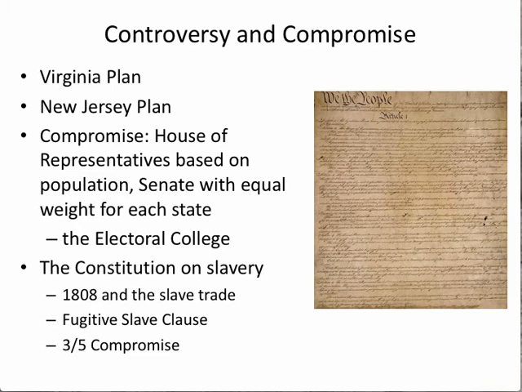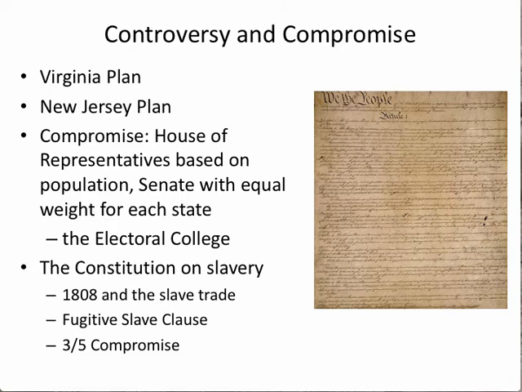The second provision is the Fugitive Slave Clause, which said that anybody bound to service or labor in one state who escaped and went to another state had to be returned to the original state. In other words, had to be captured and returned to his or her master to continue being a slave. That's the Fugitive Slave Clause.